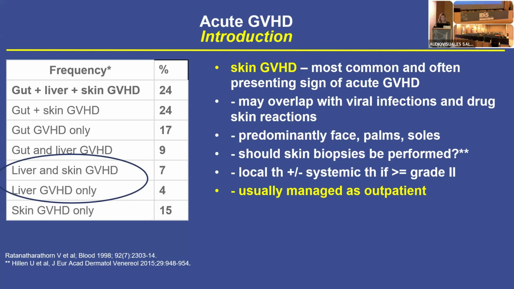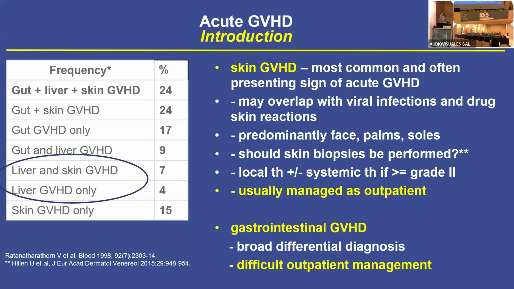What I find interesting is the presentation of liver GvHD, which is most commonly with gut and skin, more rarely only with skin, and only liver presentation is actually very, very rare, which I'm going to mention a little bit later. So I will focus on gastrointestinal acute GvHD because, of course, this is something that we find difficult to manage in an outpatient setting, and we have more difficulties in diagnosis and treatment in general.